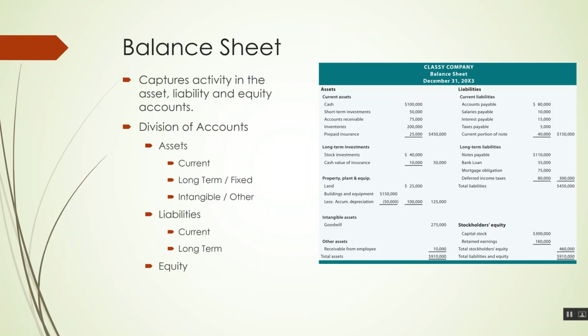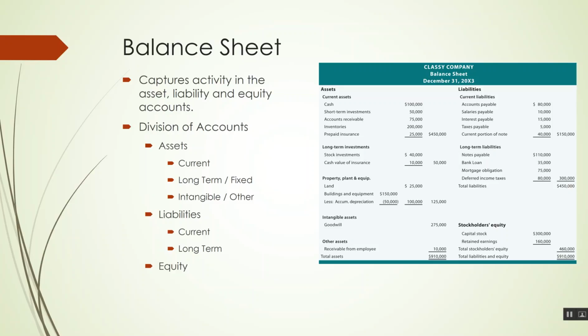One thing to take notice of is that the sum total of your assets, in this example $910,000, is going to be equal to the sum total of your liabilities and equity. That's one of the fundamental accounting equations that you should commit to memory: assets always equal your liabilities and your equity.